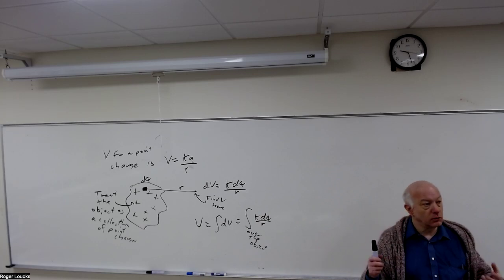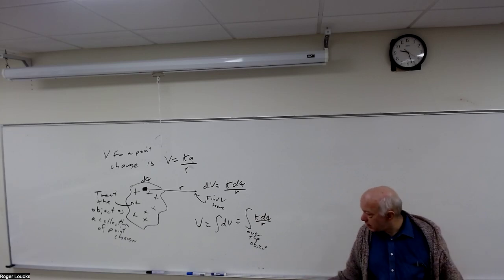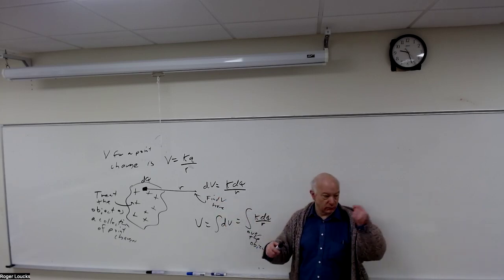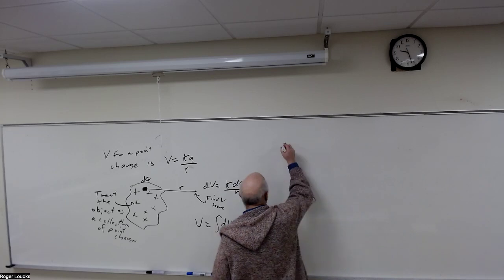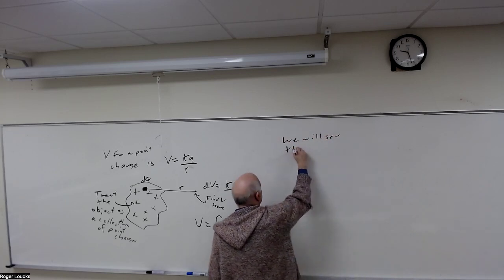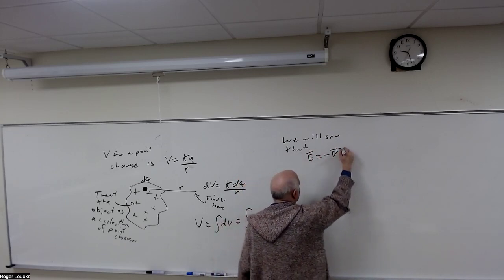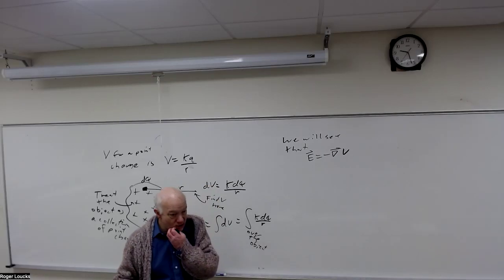But what I want to show you today is why we even care, because it turns out that if you find the V at this point here, and this is what I'm going to prove, we will see today that the electric field at that point is given by minus the gradient of the voltage at that point.